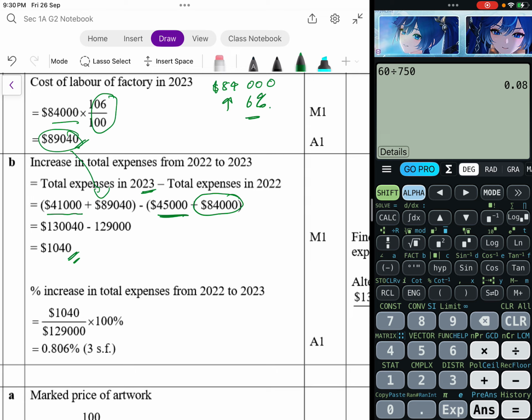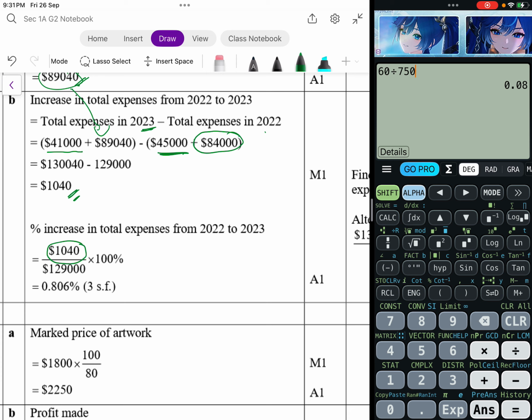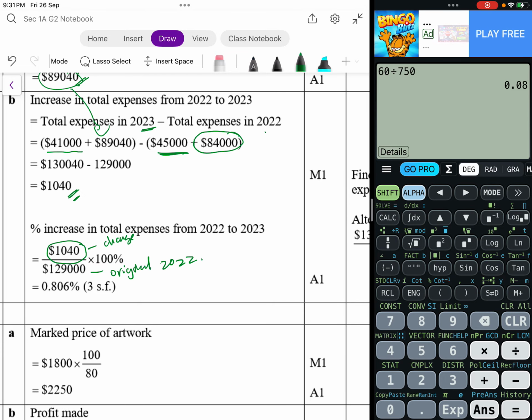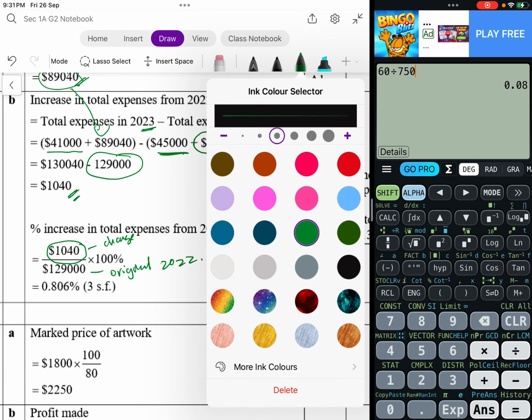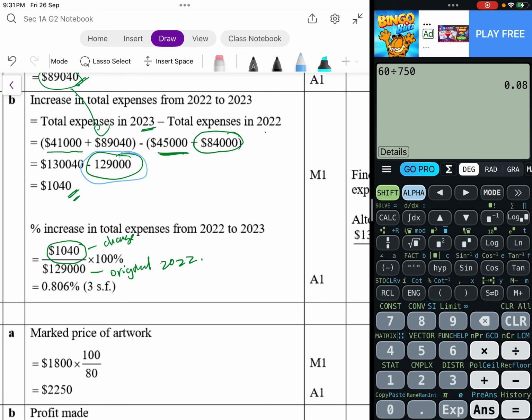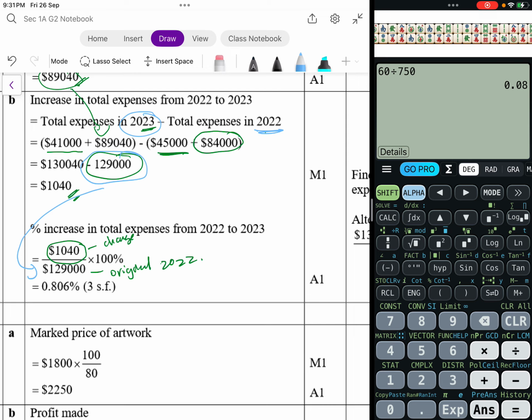So actually, the cost increase from 2020 to 2023 is 1,400. So we take this change over the original, because 2020 comes first. So the original year, 2020, that's why we use this number here. Because it's the original number in 2020. 2023 was where the change happened. So we multiply, we get this answer.